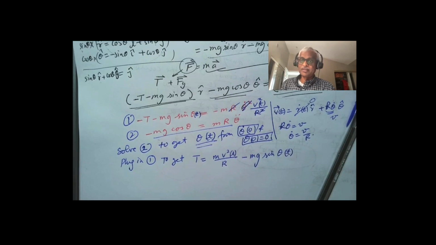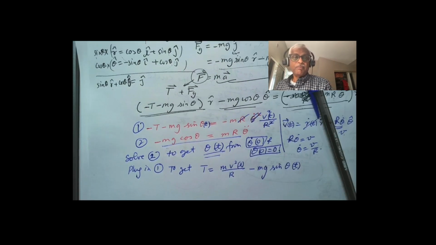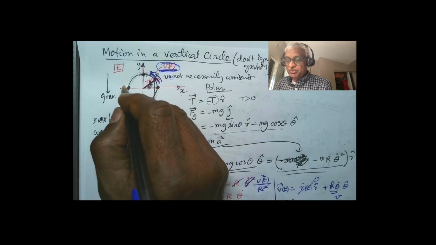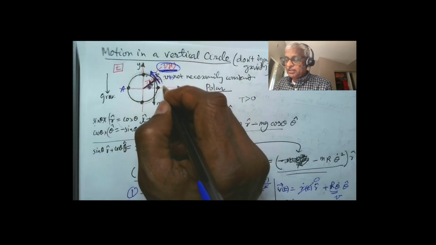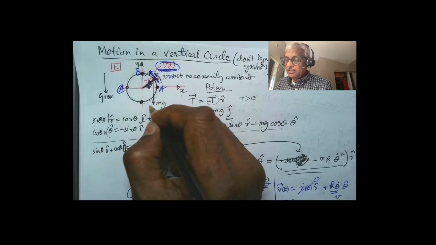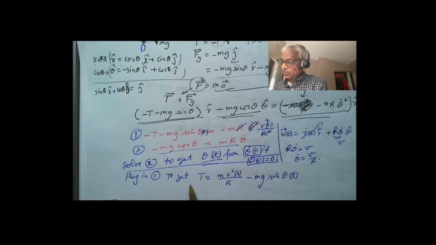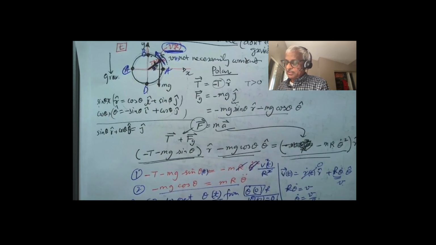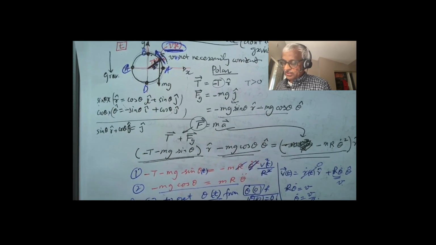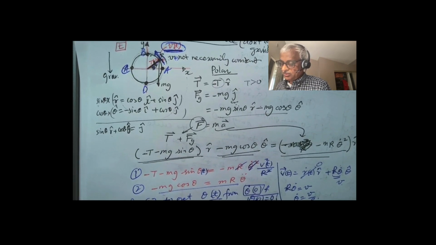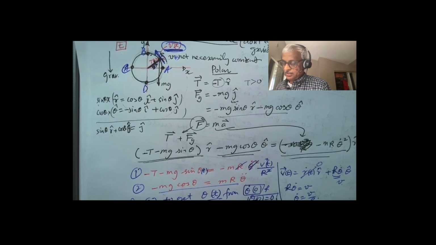Okay, so actually, our original problem was to say something about these points A, B, C, D. Those are easy points. So even if you don't solve this, you can use it to tell the tension at different points. Tension at A is when theta is 0, so this will be mv square at A over r.